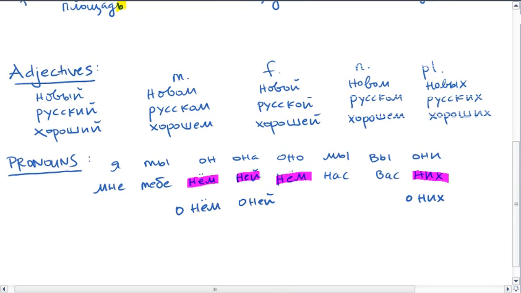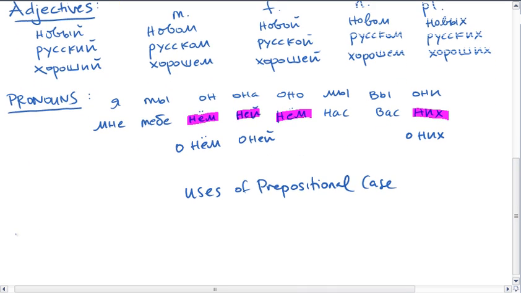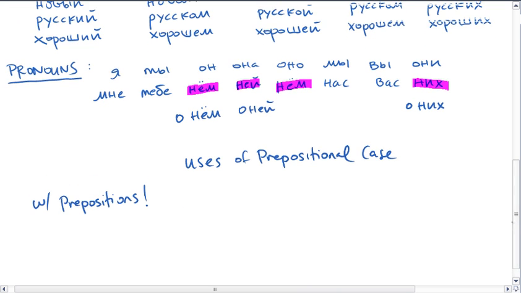Okay, so what are the uses of the prepositional case? Well, as the name would imply, it's used with prepositions. You must have a preposition.